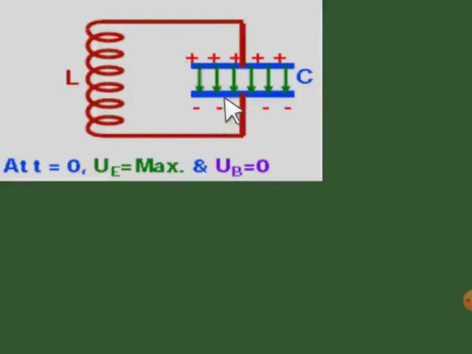Again, the current will discharge from the positive side through the inductor, and it will keep on oscillating like this. Got it? That process of oscillation we call LC oscillation.